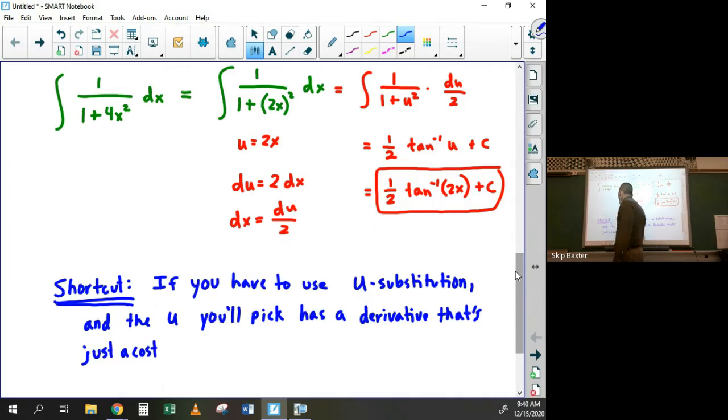Right? In this example, the derivative of u was 2. So the derivative is just a constant.